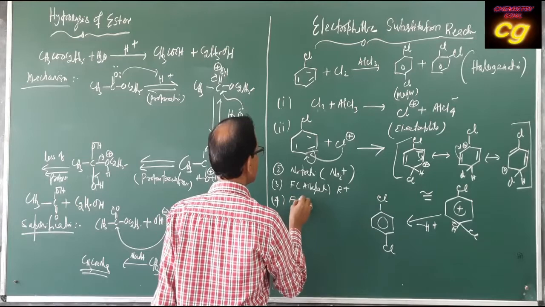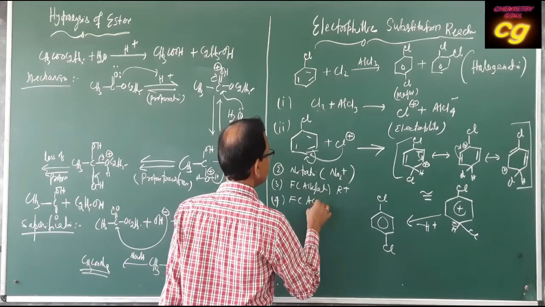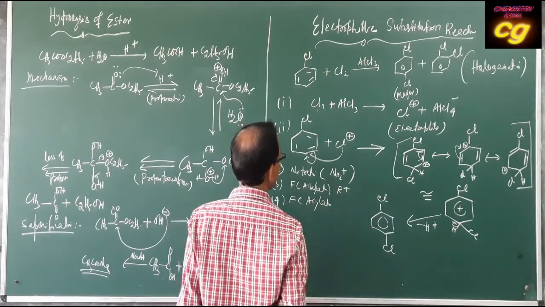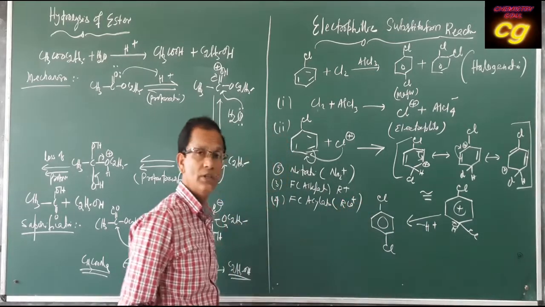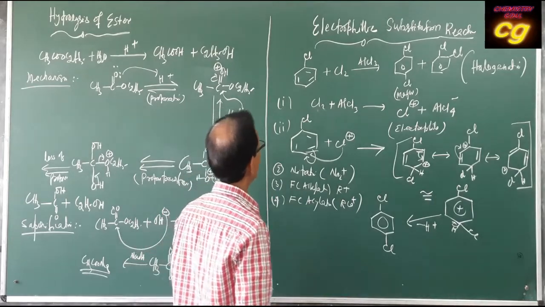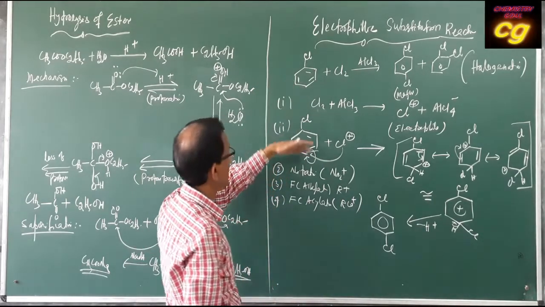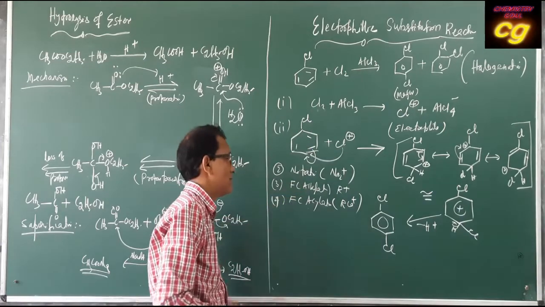Friedel-Crafts acylation: generally RCO plus will be used as the electrophile. Then halogenation, nitration, alkylation, acylation.